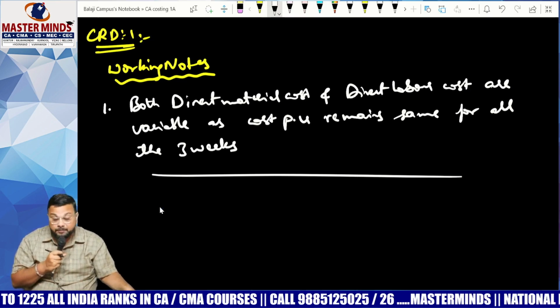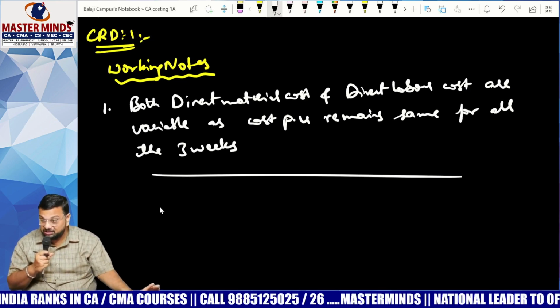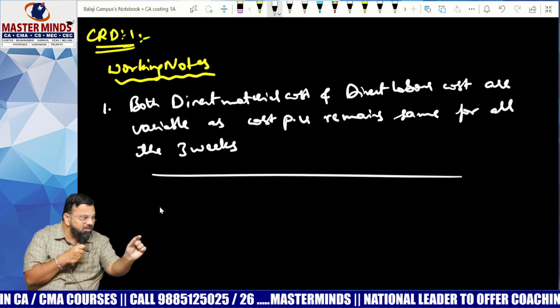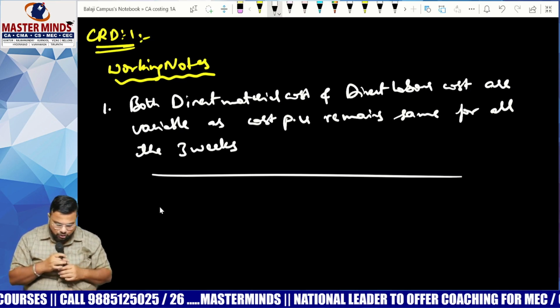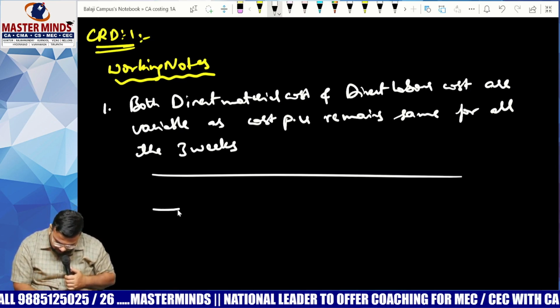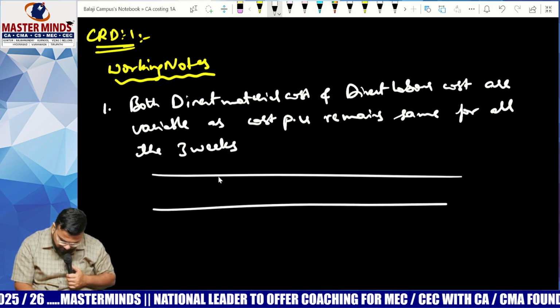So if the problem is given for more marks, to be on the safer side, we will show the entire working note in the answer sheet. Am I clear? Understood? So basing on the weightage, you decide. But here I will be showing the entire thing. So I will prepare a table to prove the statement that I have given. First one will be week.